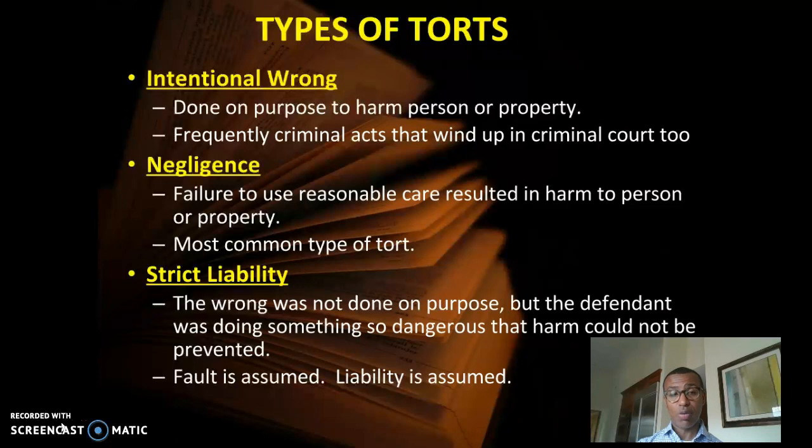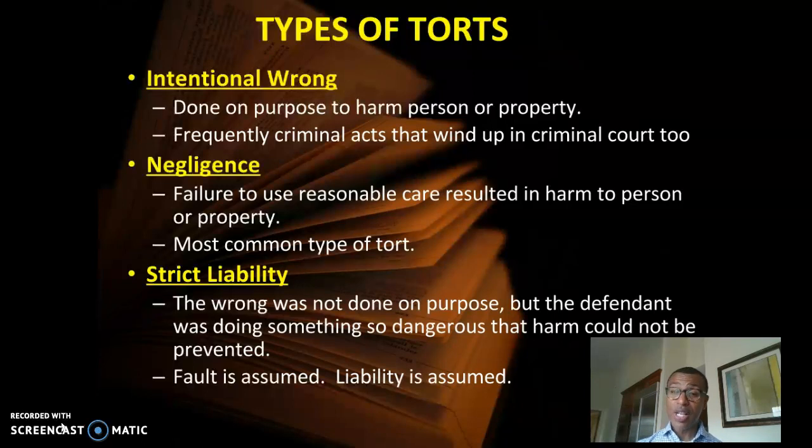to the individual. So let's really quickly go back over the types of torts. You will need to know these for your upcoming quiz. So the first one is known as an intentional wrong. This is something that is done on purpose to harm a person or their property. The second type of tort is negligence. This is failure to use reasonable care and it results in harm to a person or to their property.